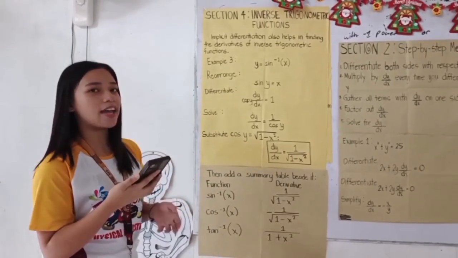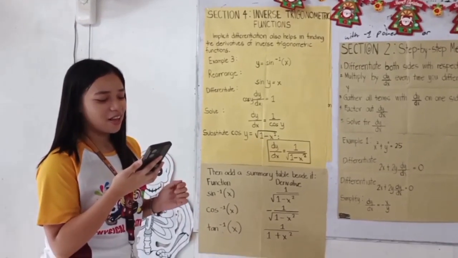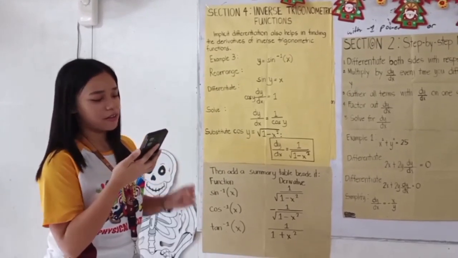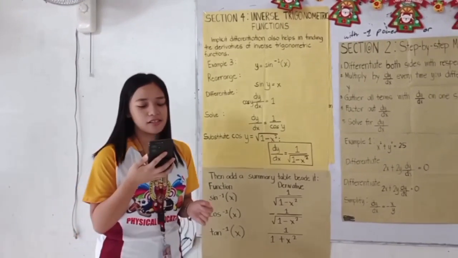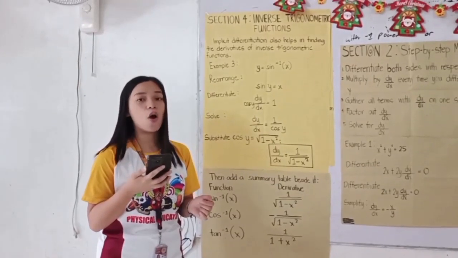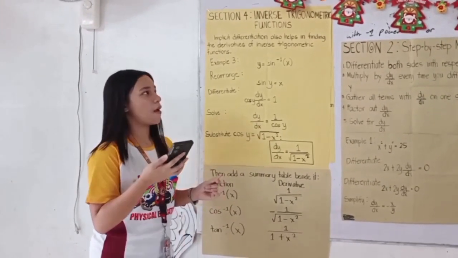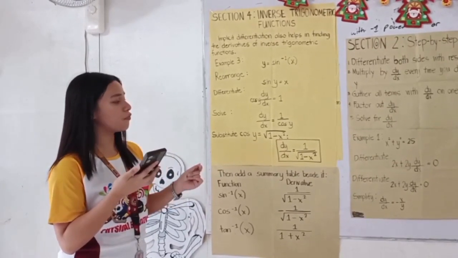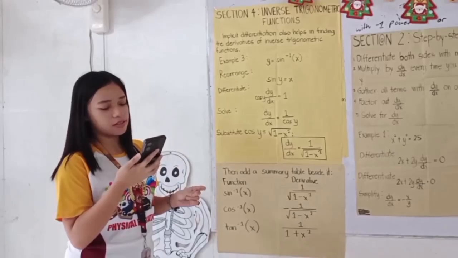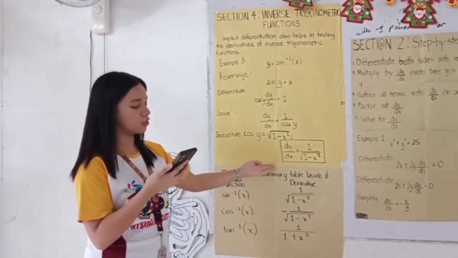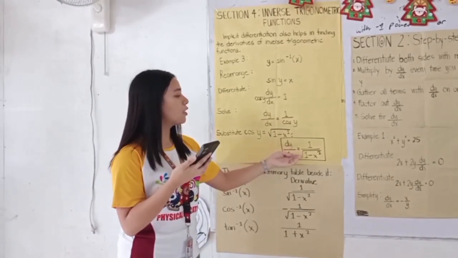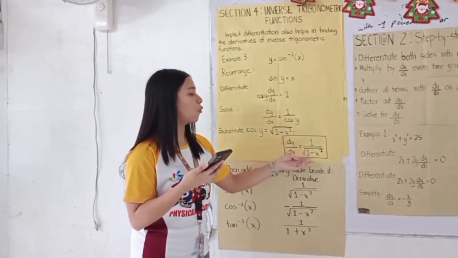Solving for dy over dx gives 1 over cos y. But since sin y equals x, we know cos y equals the square root of 1 minus x squared. So dy over dx equals 1 over square root of 1 minus x squared.